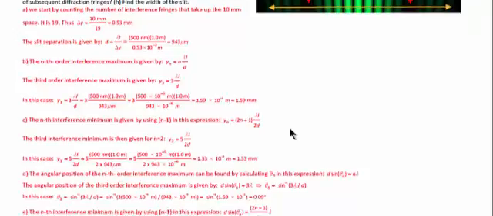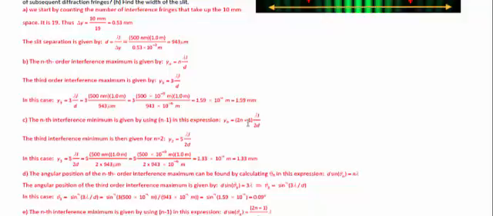Now, the expression for any minimum is given by this: y sub n is equal to (2n plus 1) times lambda L over 2D.